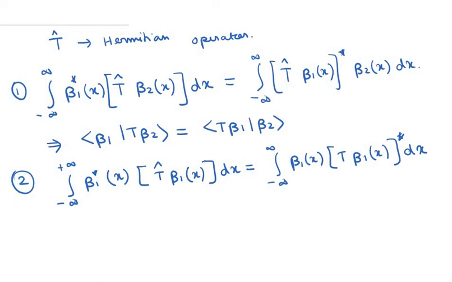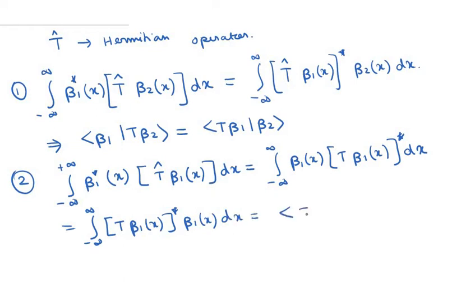This we can rearrange and write as the integral from -infinity to +infinity of T beta 1 x star beta 1 x dx, which can be written in the form T beta 1 beta 1.